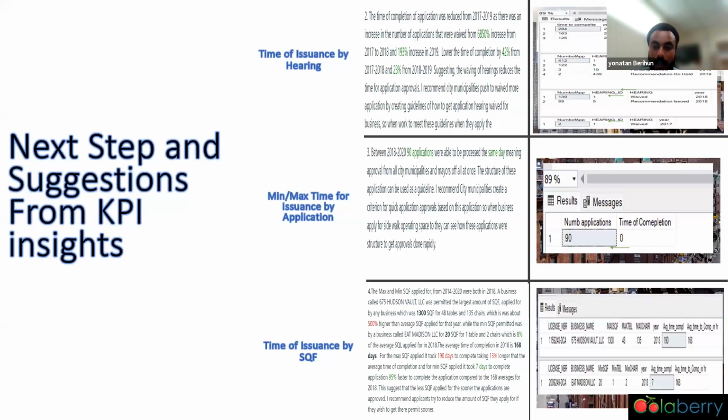Finally, I was looking into how square footage affected it. Specifically, if we took 2018, there are two businesses, Madison Eats LLC and Hudson LLC. Hudson LLC is a larger cafe, and they requested 1,300 square feet and a larger number of tables and chairs compared to Madison.